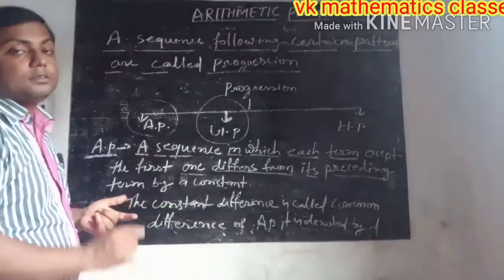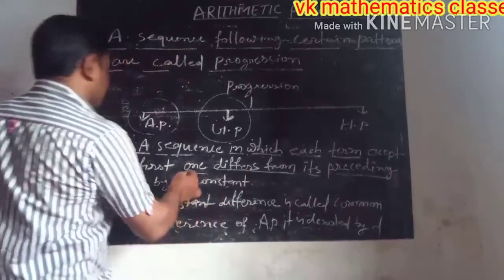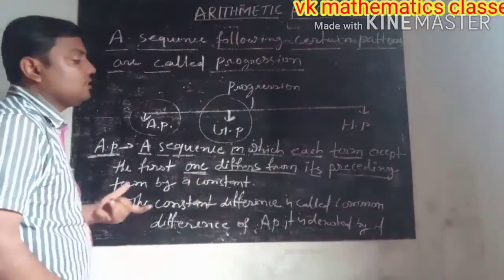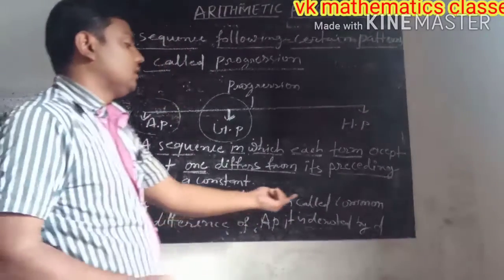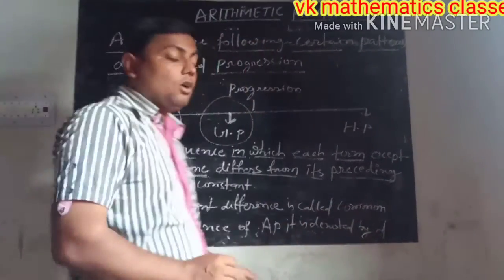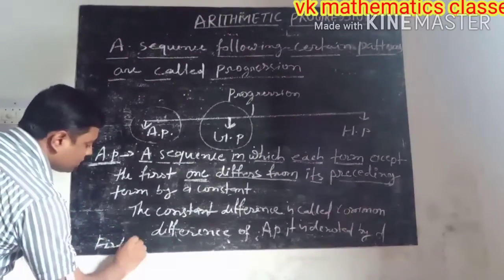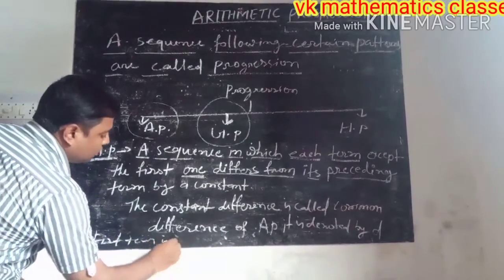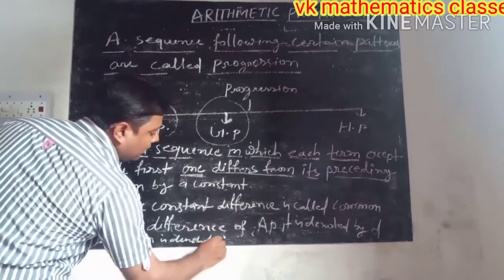If we subtract the preceding term from the next term, the constant is known as the common difference. It is denoted by the letter D. Also, the first term is denoted by a small a.